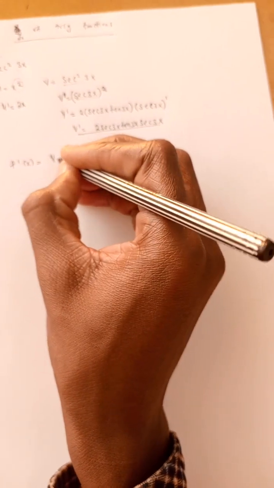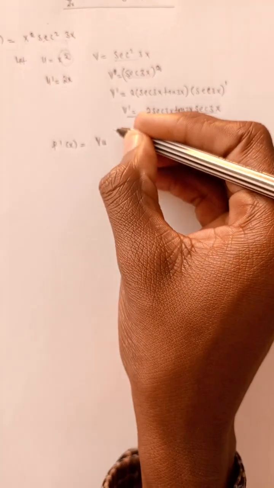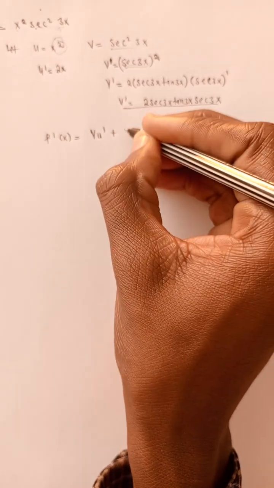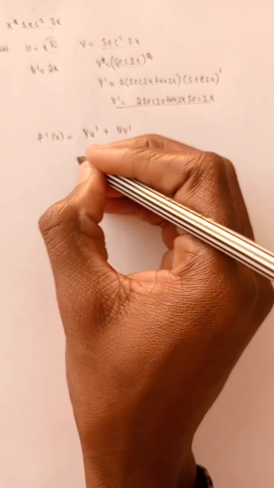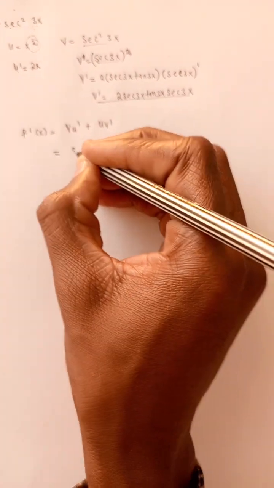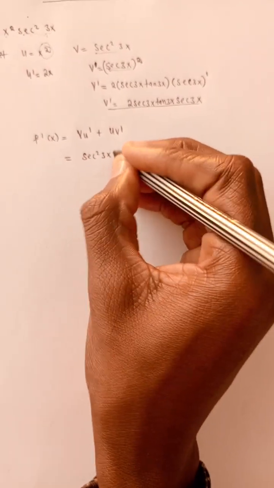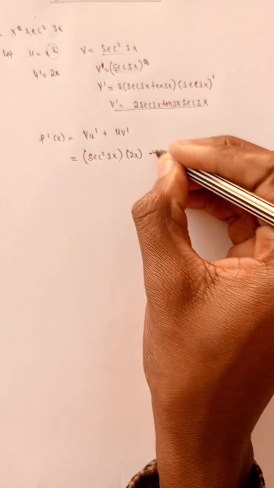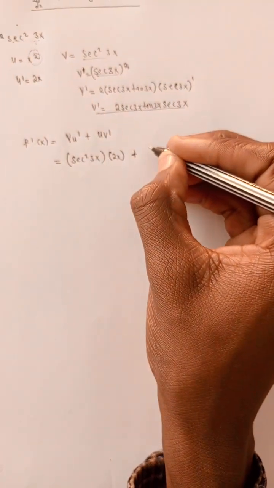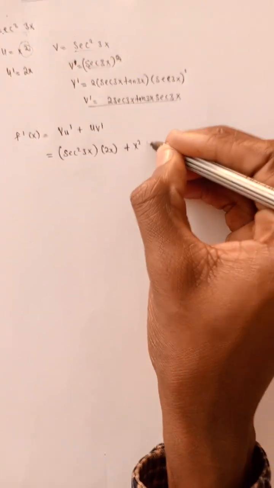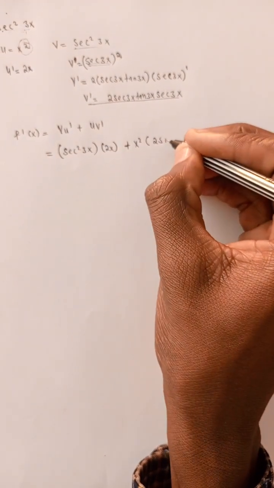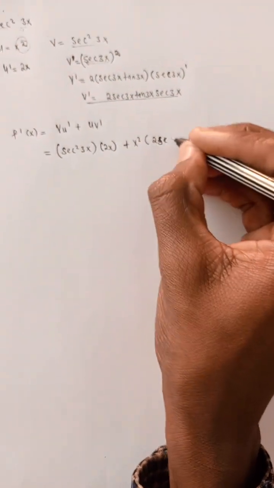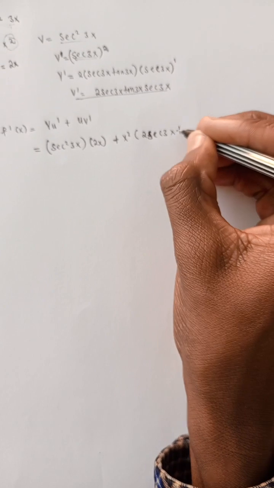So we have the product rule as u v prime plus u prime v. Our v is simply sec squared 3x. Our u prime is 2x. Our u is x squared.